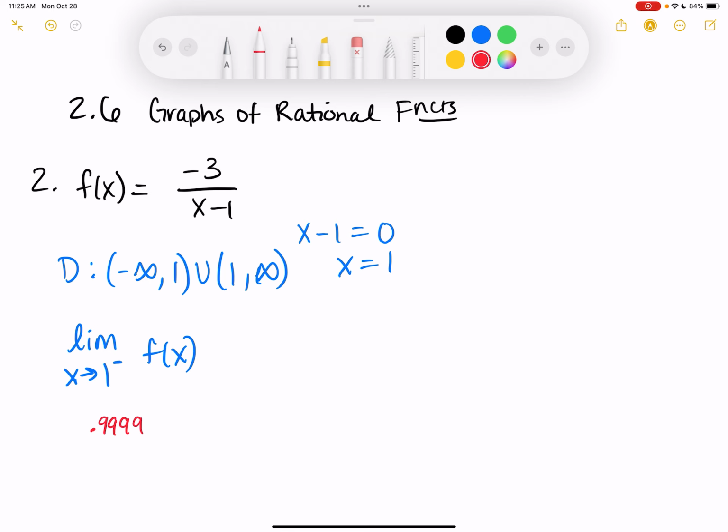So if I plug in this number here for x, negative 3 over 0.999 minus 1, what kind of number is this? A really big number. So what really, really big number do you think I'm looking at? Positive infinity.